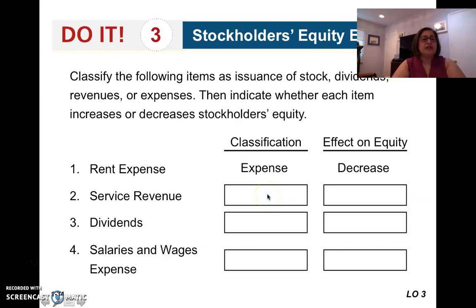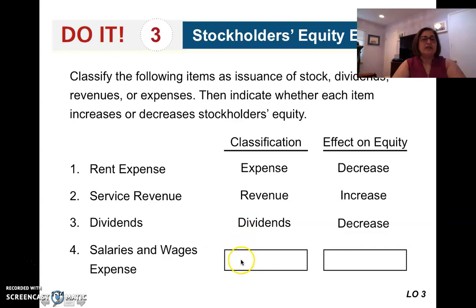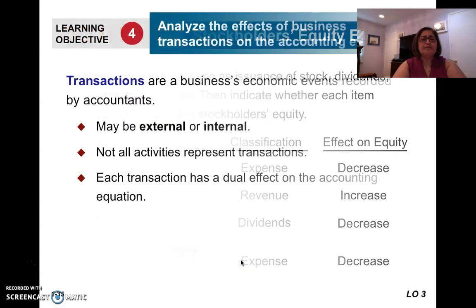Service revenue is when we provide services, therefore the name says it's revenue. It increases the stockholders' equity. Dividends, the name says what it is, decreases the stockholders' equity. Salaries and wages expense is an expense and decreases the stockholders' equity.